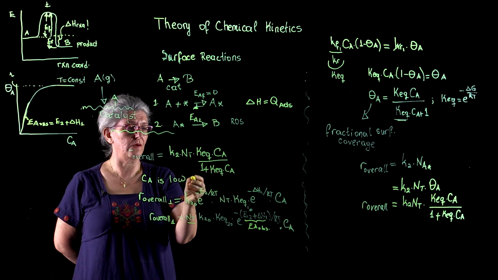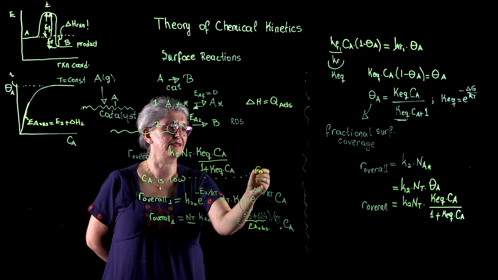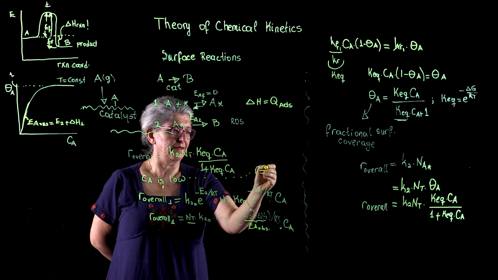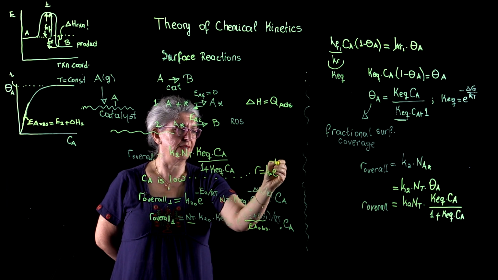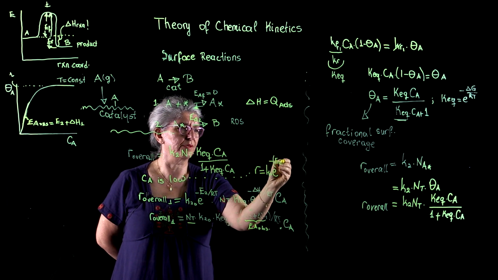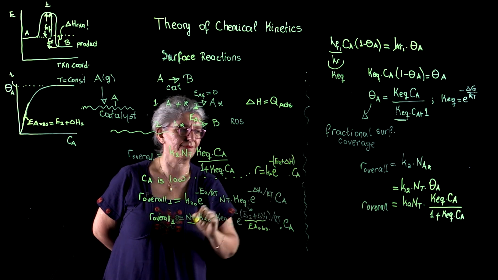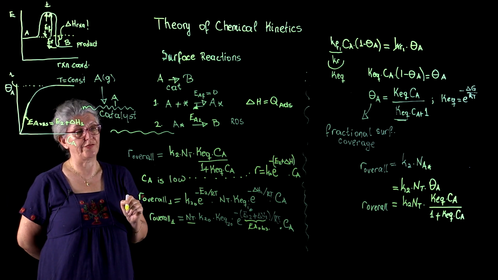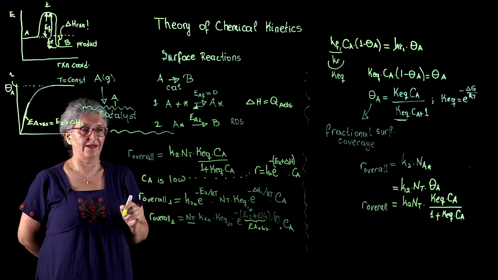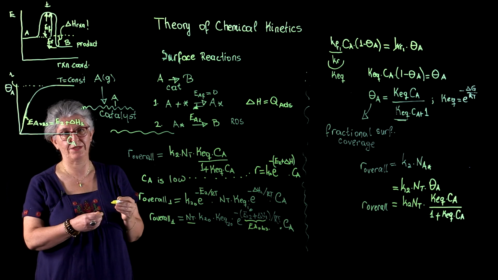For low concentrations, my rate is K0 e to the minus E2 plus delta H times Ca. Then, of course, we have to get for higher concentrations of Ca and compare our estimations.